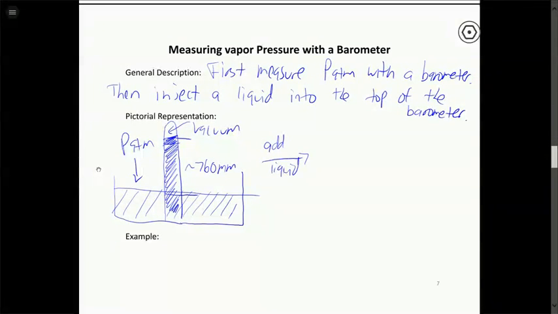So this top part of the barometer that's initially under vacuum, we're going to inject a liquid into there. You can inject it in the bottom and it'll float to the top, or you can have a little port in there that you inject it into. And so then what's going to happen is you have the barometer still with the mercury.